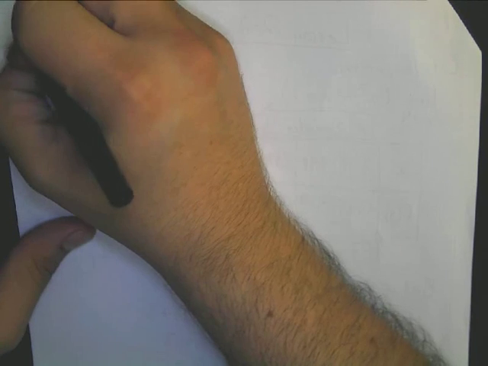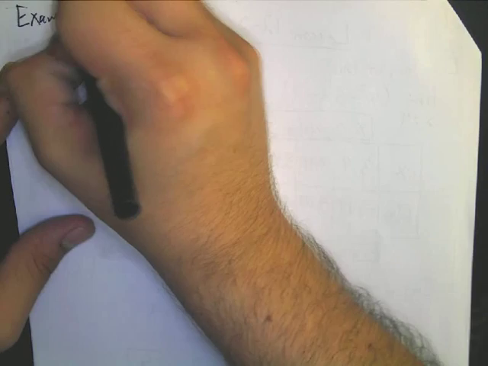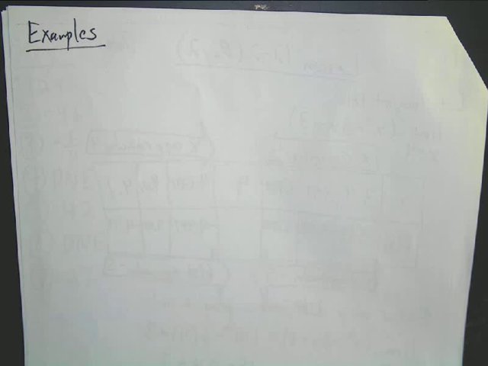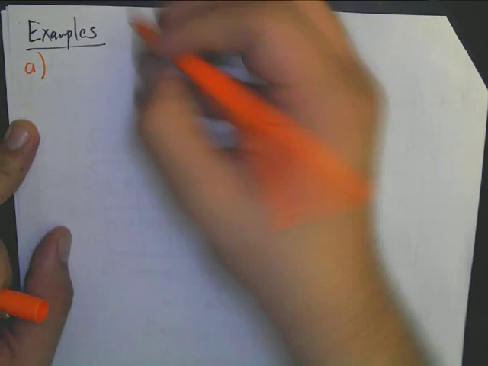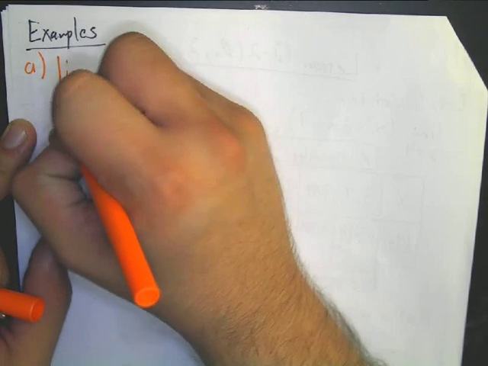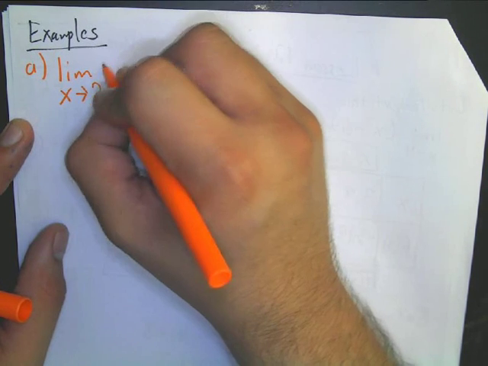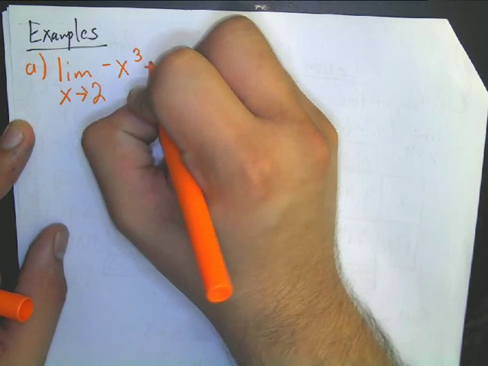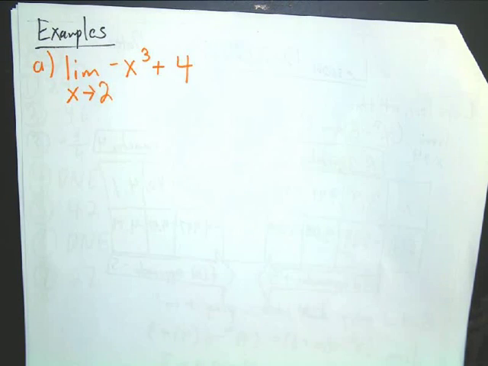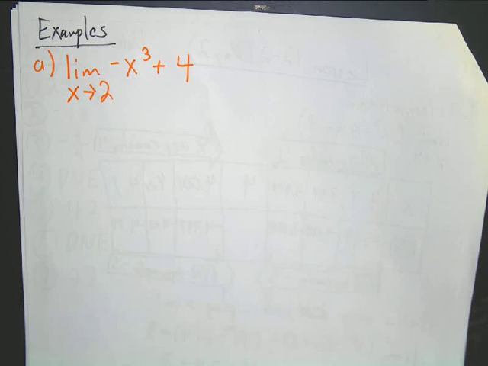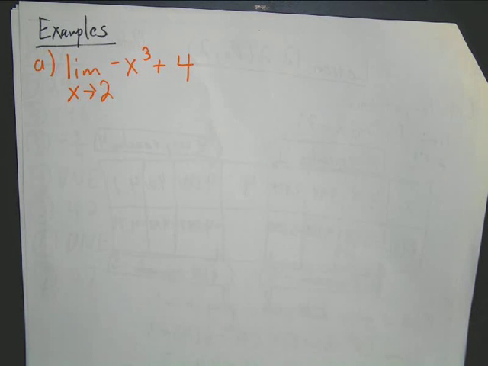All right, let's look at some examples here. Particularly, let's look at this one. Example A is the limit as x approaches 2 of negative x cubed plus 4. So what do we want to do here?